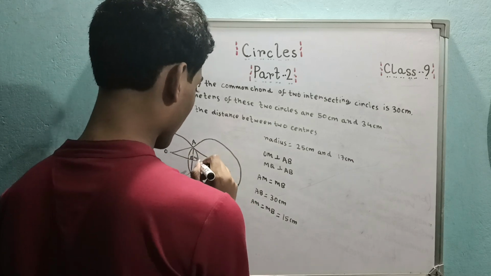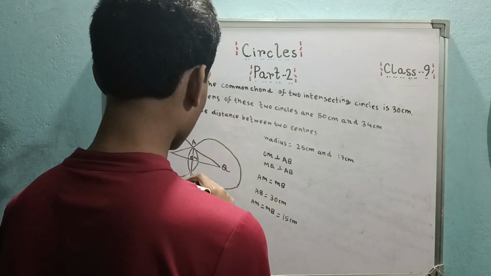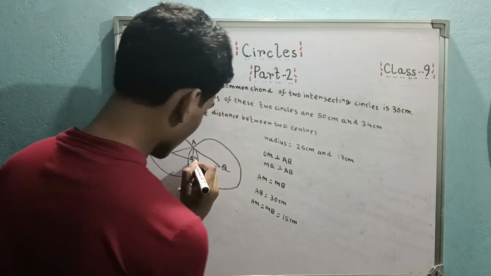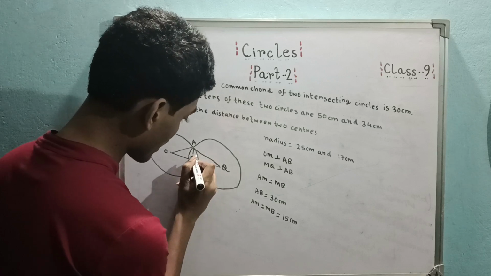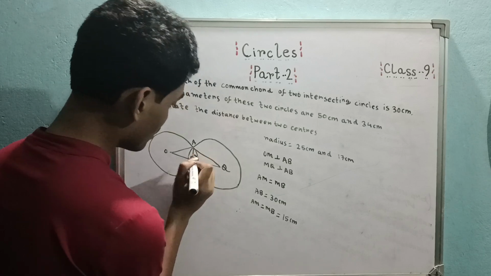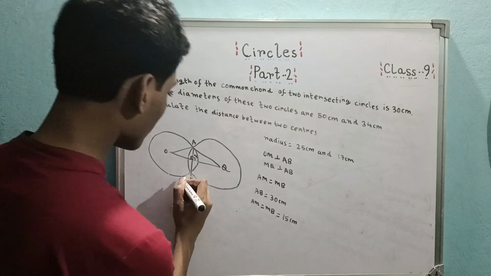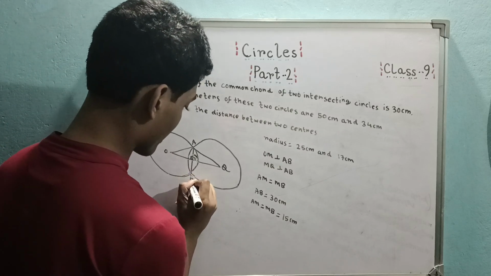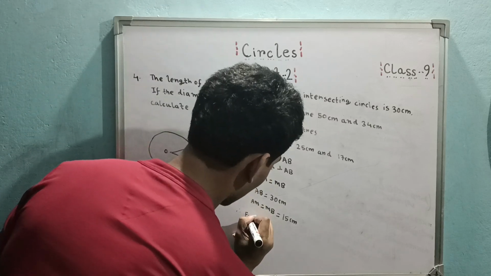Similarly, if I look into this side, MQ perpendicular to AB, then this one is also a right angle. That means OMA and AMQ are right angle triangles, right?